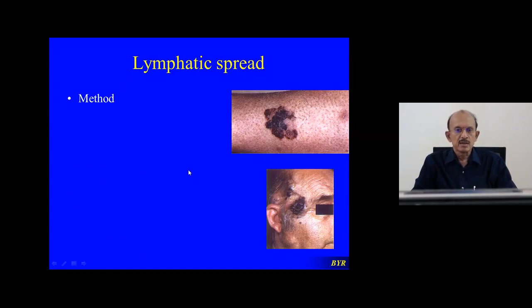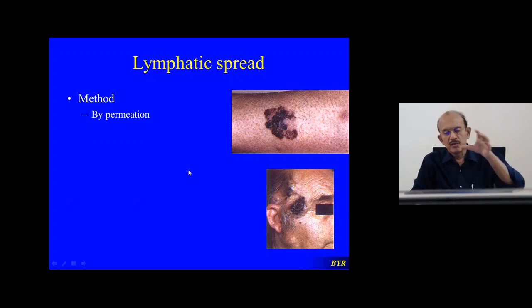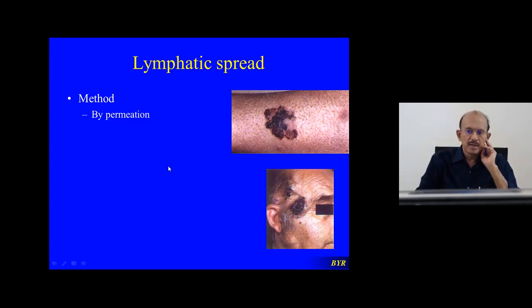Lymphatic spread. So the modes of spread being, number one, lateral invasion, dermal invasion. Number two, lymphatic spread. Lymphatic spread is by permeation as well as by embolization.